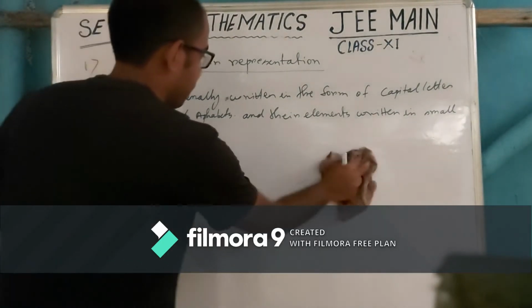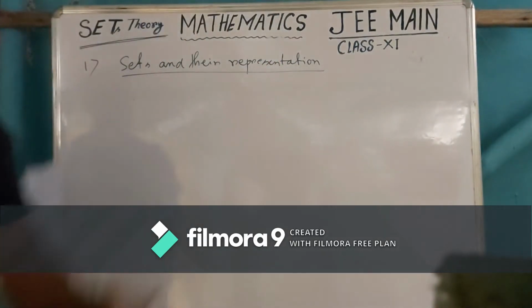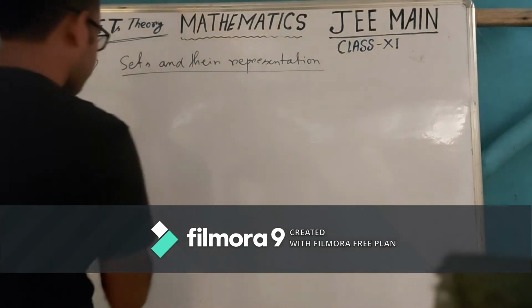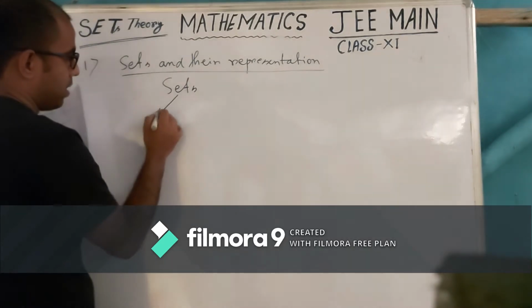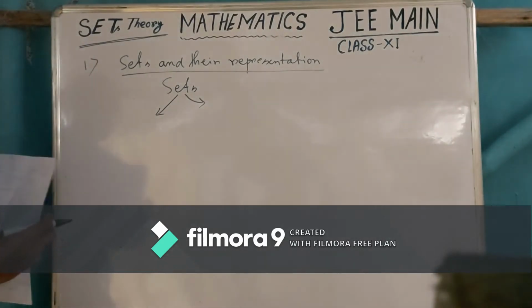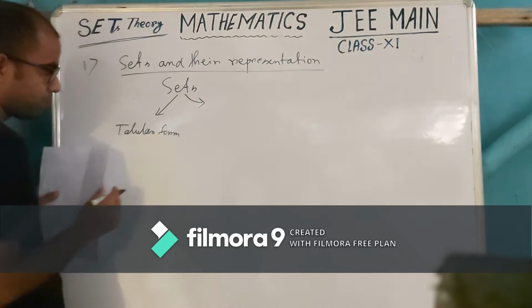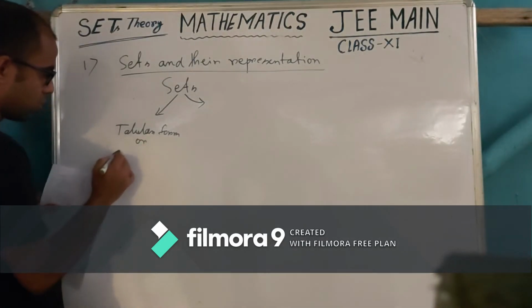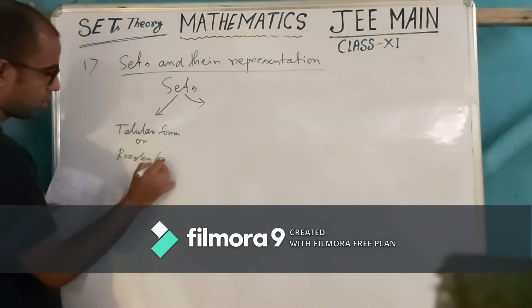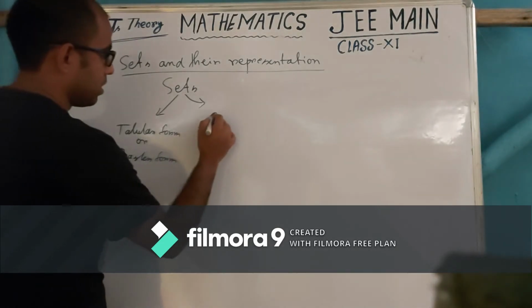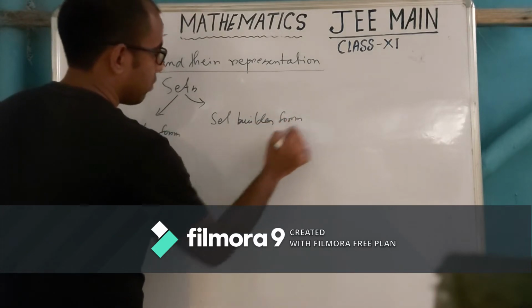Now, sets are represented in two forms. One is the tabular form, or it is called the roster form, and another is the set builder form.